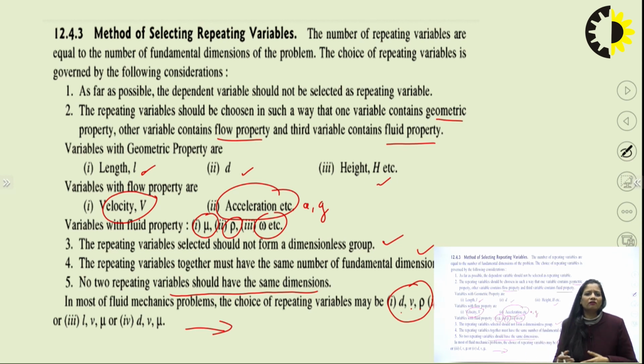Another person solving, or some of my students solving that question, can take the repeating variables in another manner. So whatever manner we take the repeating and non-repeating variables, the final equation may vary a little bit, but overall when we derive again, we'll get the same equation, or almost 99% the same equation.